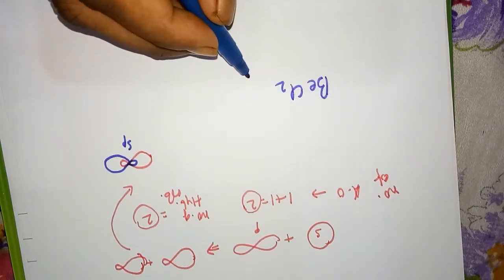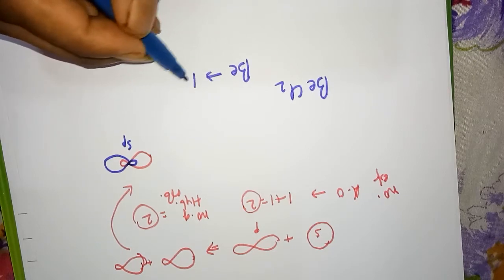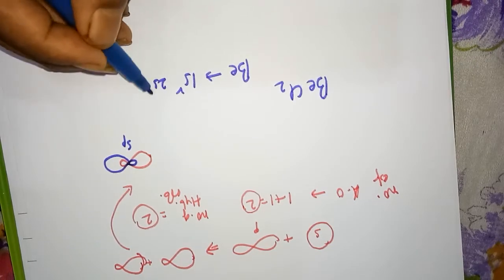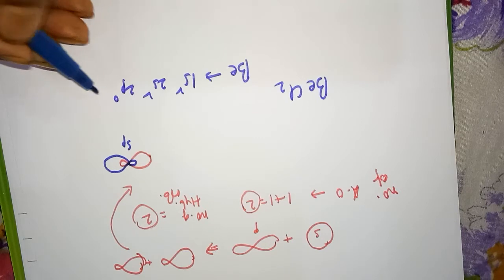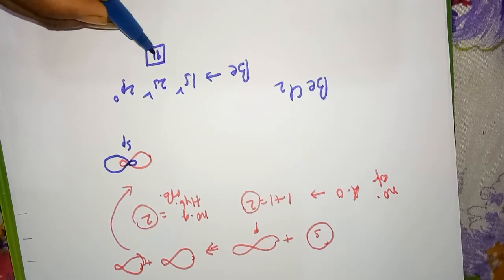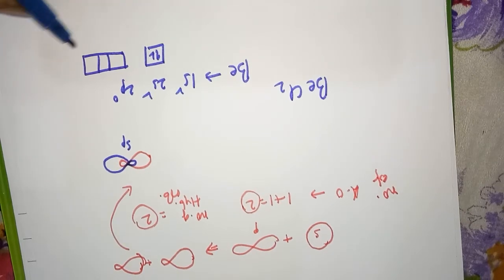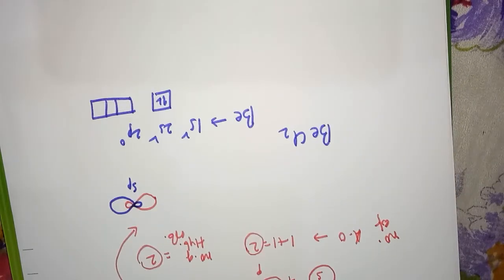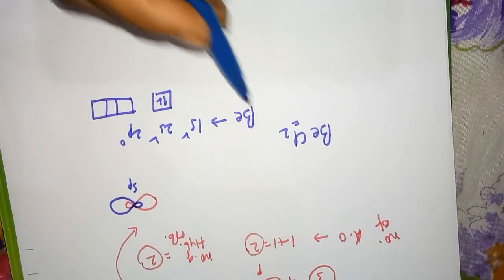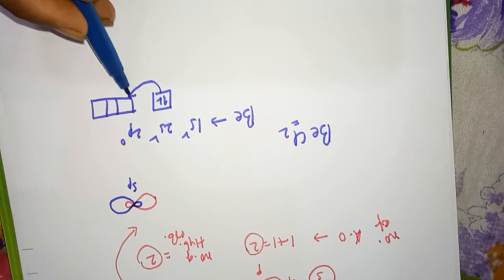BeCl2, so I will do that one. Beryllium electronic configuration: 1s2, 2s2, 2p0. So this is your 2s2, this is your 2p0. Now for beryllium, because there are 2 Cl atoms, we require 2 orbitals. So 1 electron promotion is required.